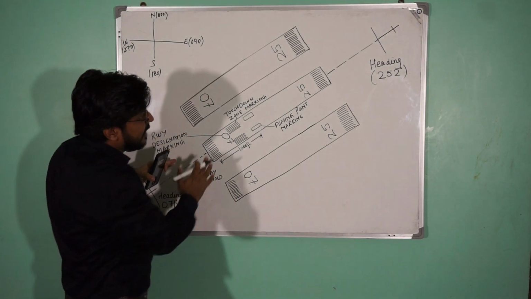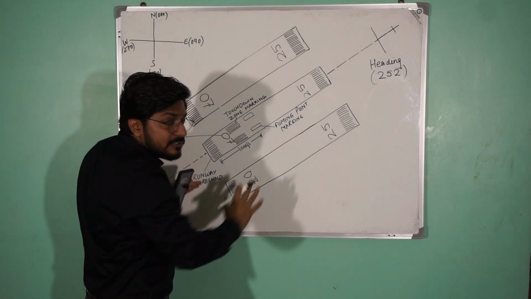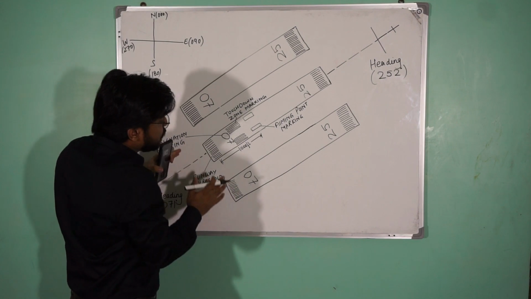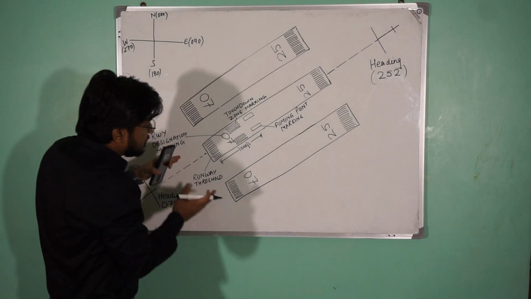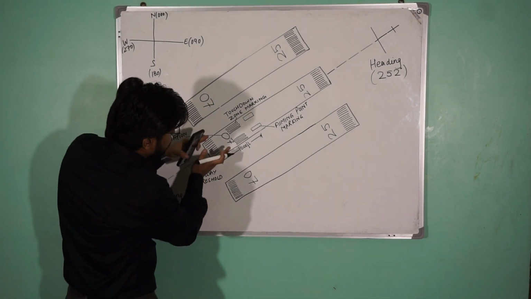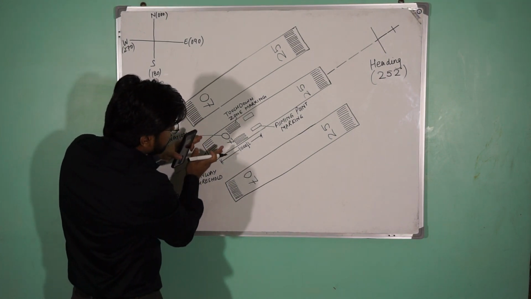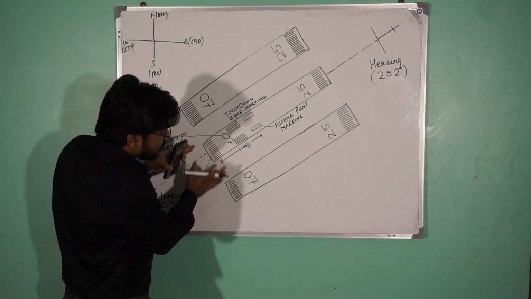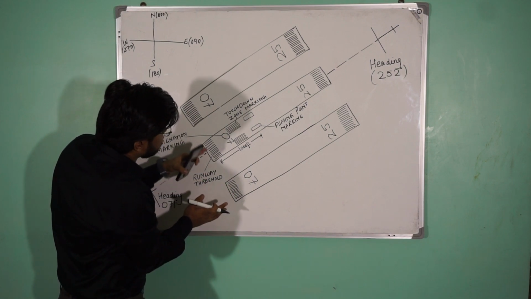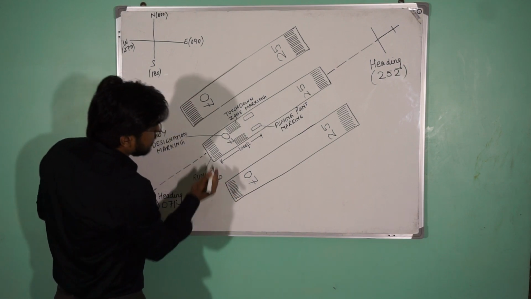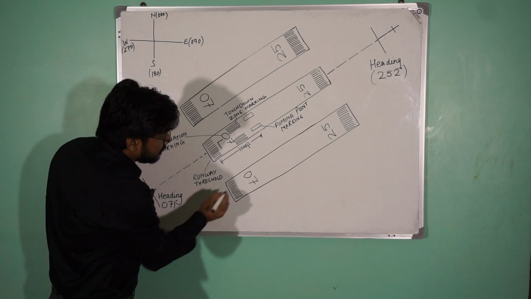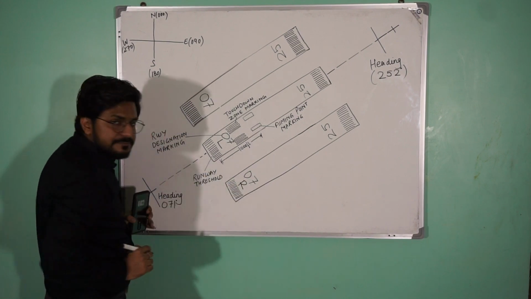So now we have 0725 and 0725, and now we can use left and right. If I am approaching runway 07, this runway is on the left side and this runway is on the right side. So I will write Lima here and Romeo here.